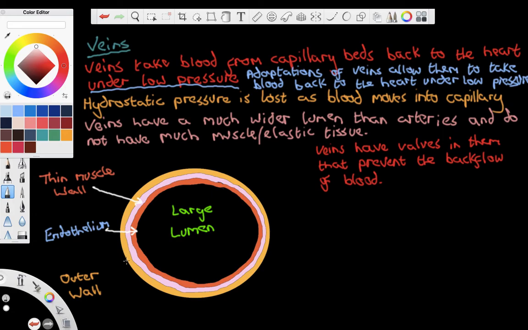Now we've already said that veins have this large lumen which reduces friction as blood flows through it, and they have valves which prevent blood from backflowing.